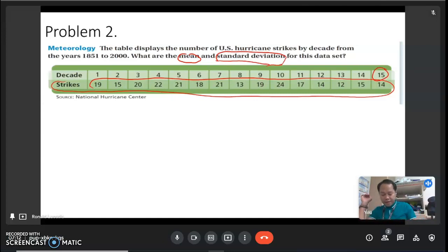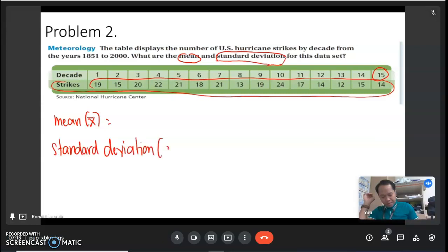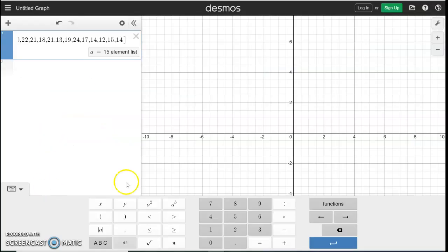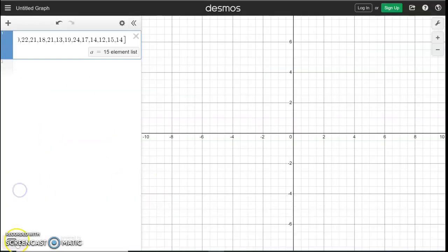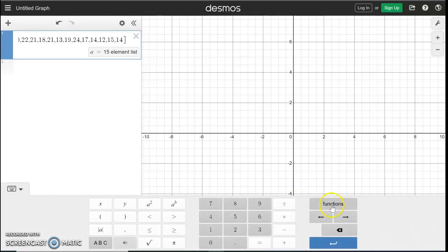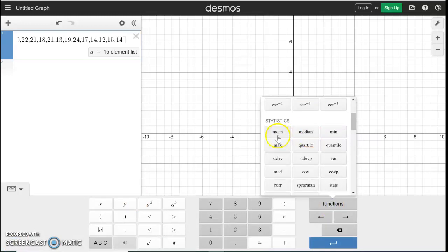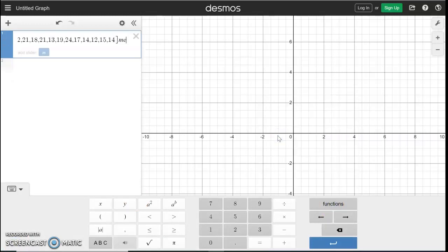Okay, so again, we are looking for the mean. Take note of the symbol and the standard deviation. The symbol is this one. We assume that this is a population, so click this keypad function, and then we have here the mean.